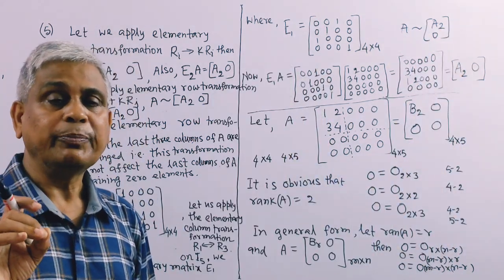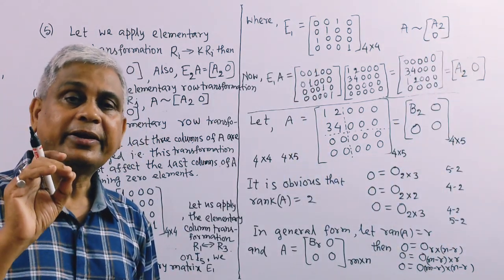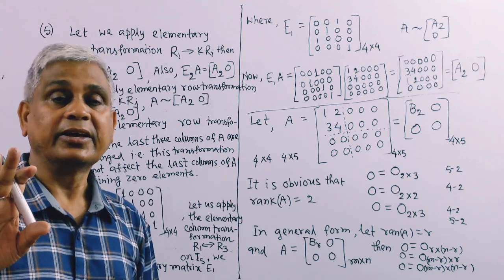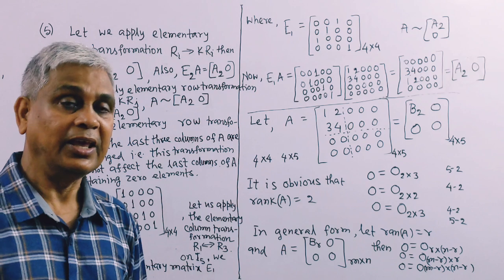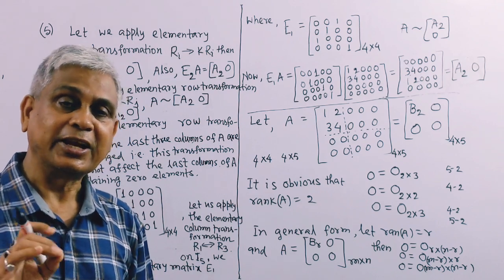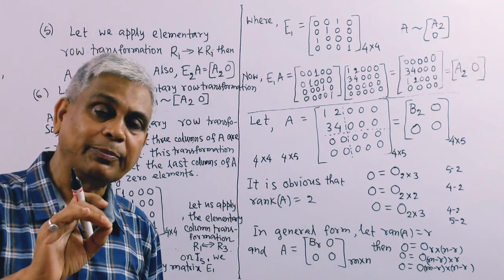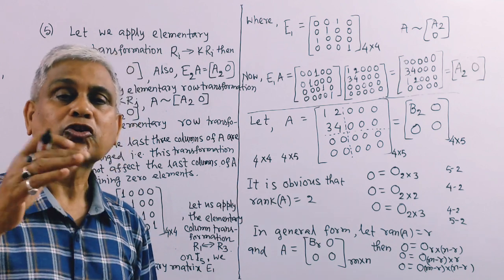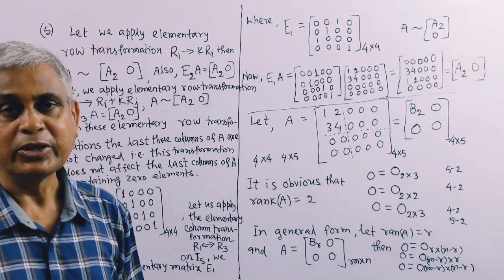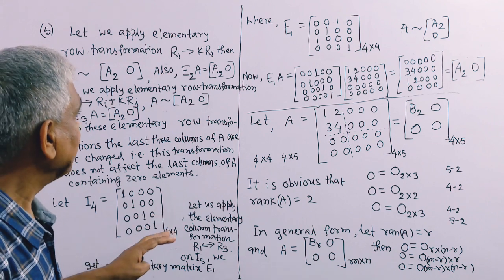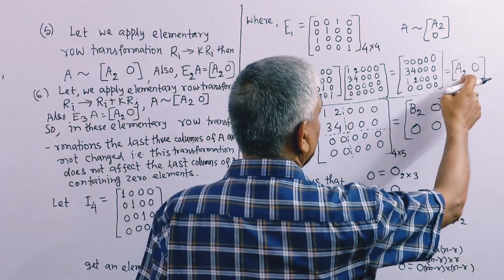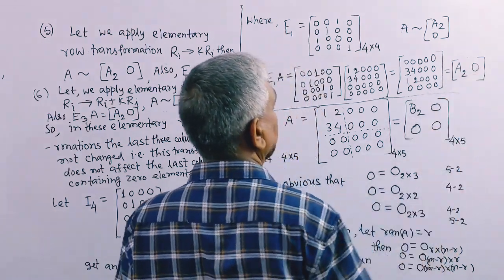And if we perform any type of elementary row transformation on matrix A, and at the same time if we pre-multiply A by the corresponding elementary matrix, we get the same result. Means in this form we get A reduced to the form A2 0.